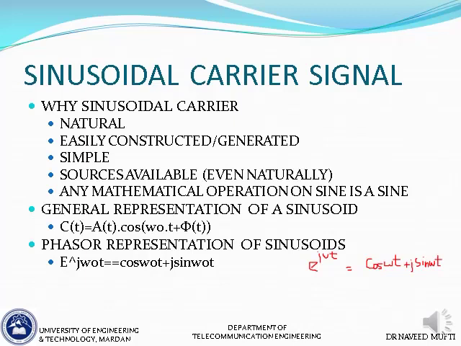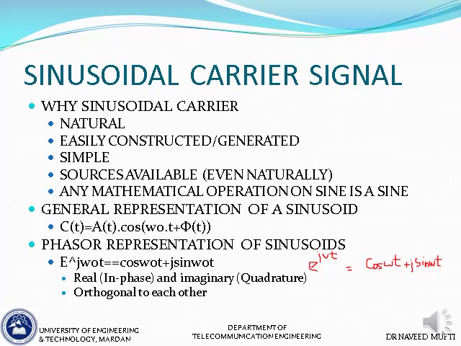So that is Euler's formula, and basically we can interpret it as a real component and an imaginary component. The real component can be called in phase, and the imaginary component can be called the quadrature component.